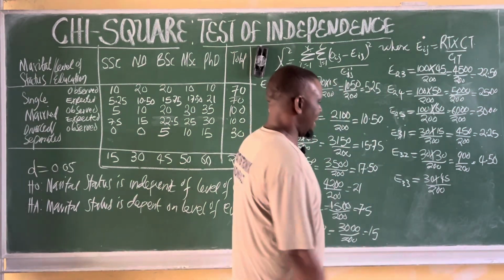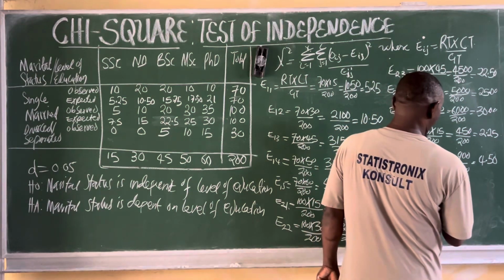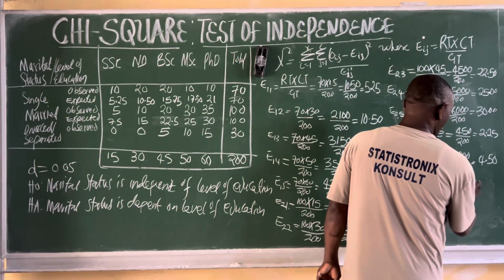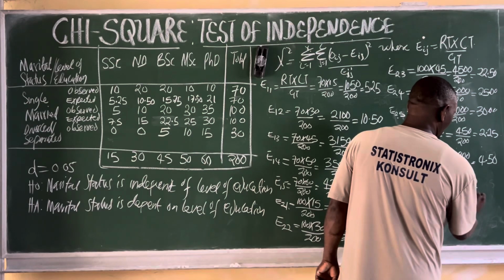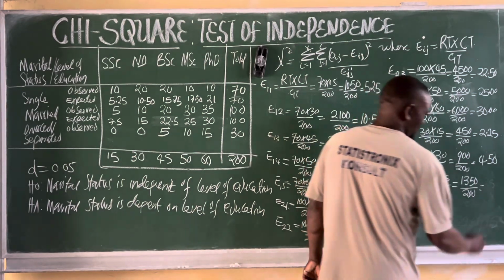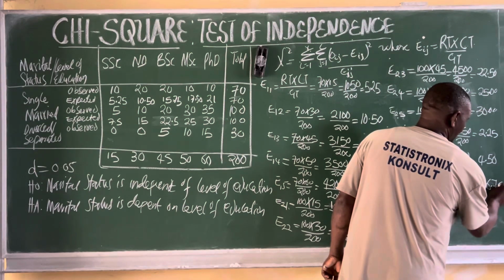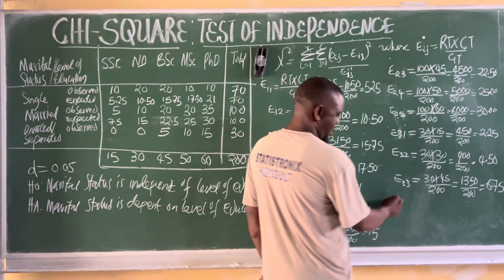Okay? And that will be equal to 30 times 45, 1350. That divided by 200 will be equal to 6.75.